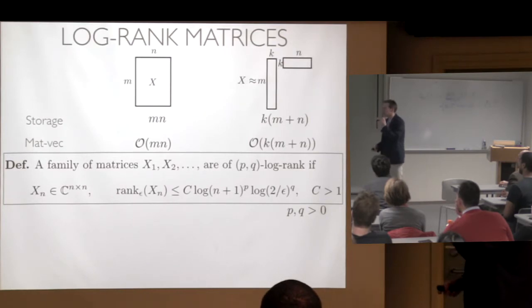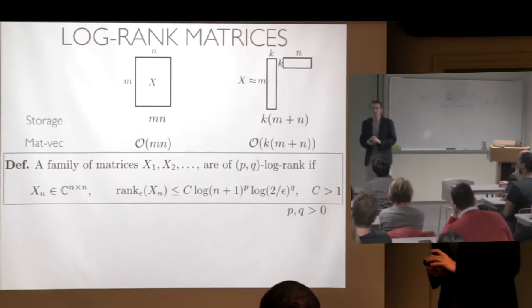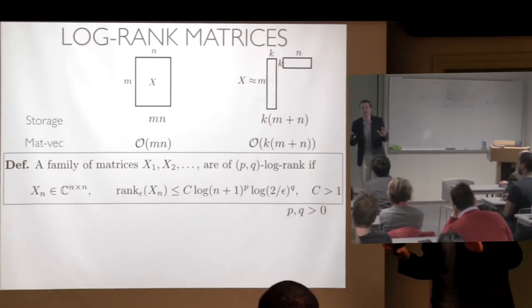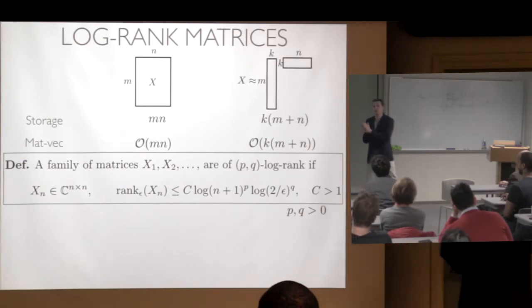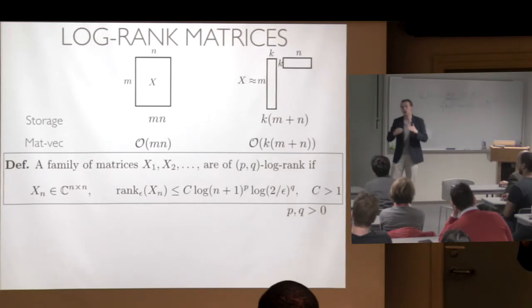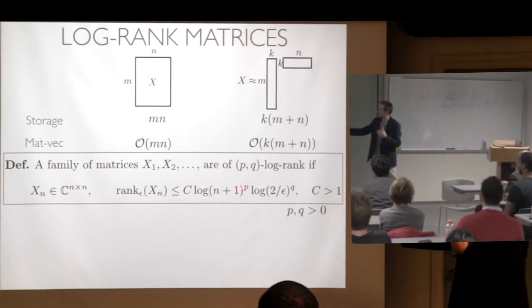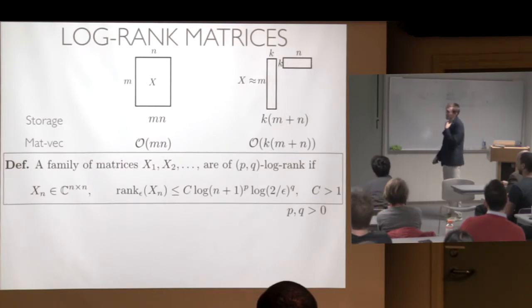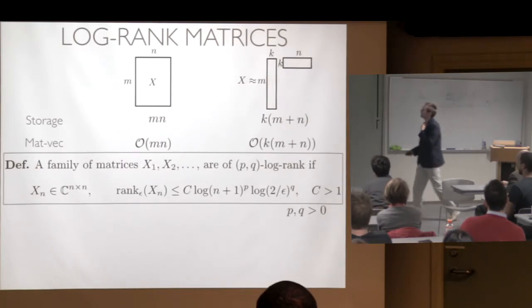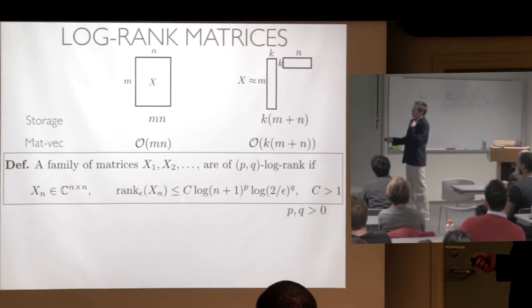So I'm going to define these matrices, and these are the matrices that I always work with. I've never done low rank techniques on a matrix which doesn't fit in this framework. The reason is that if it's not low rank in this sense, there may be other techniques that are better for you than low rank. So what it means is that the epsilon rank grows slowly.